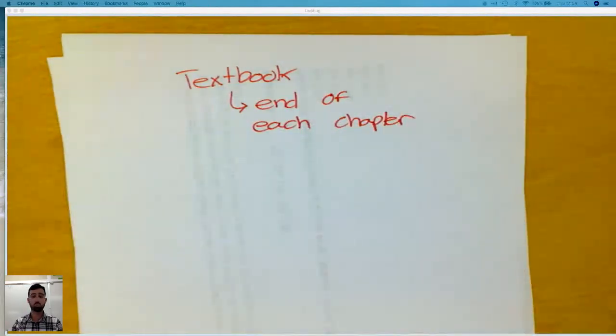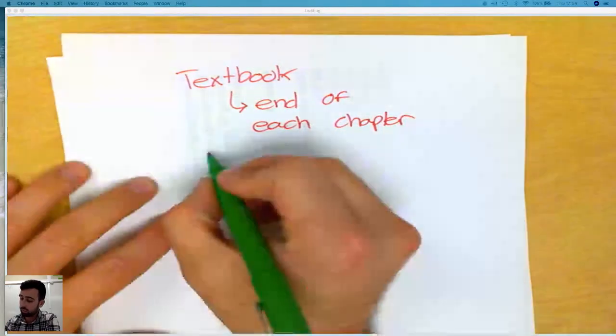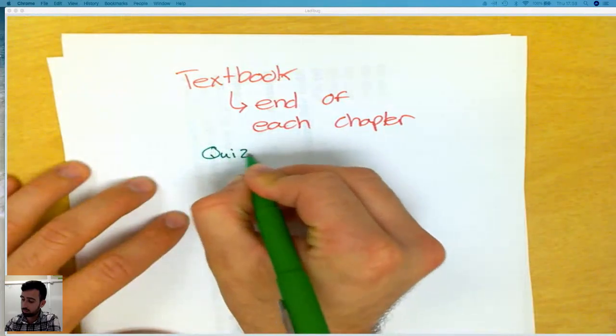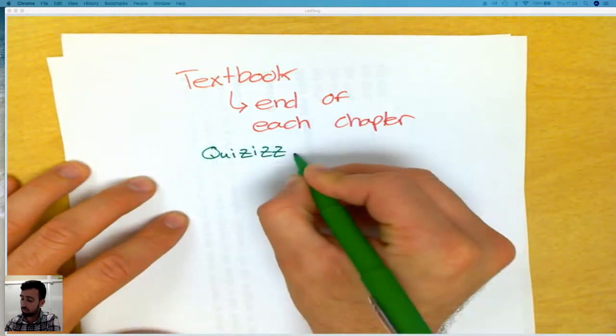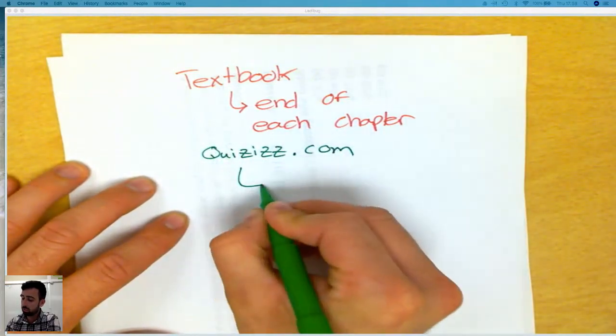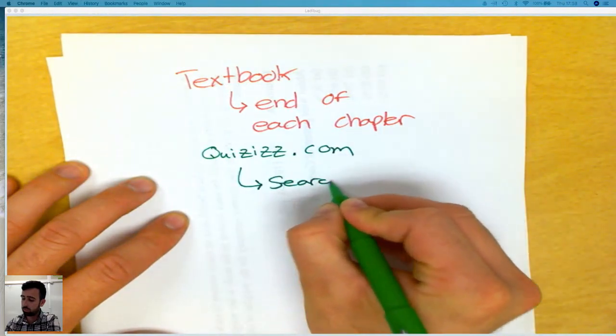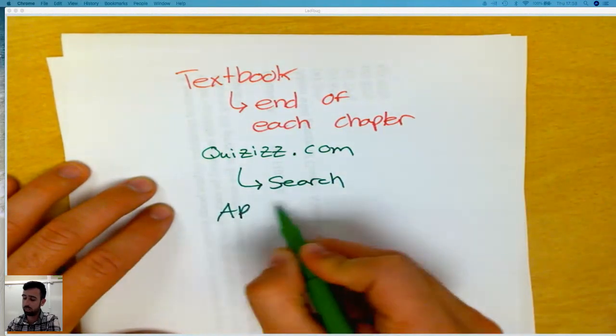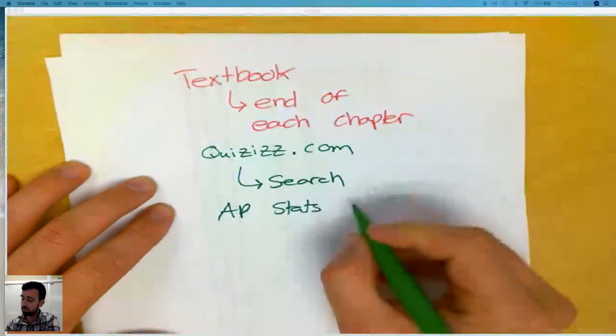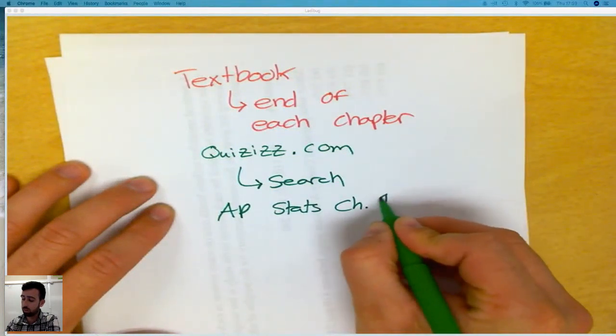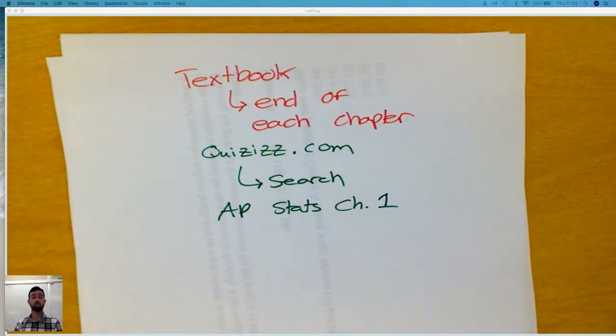Actually, if you go to this website, it's called quizzes.com, and search for a quiz. And if you type like AP Stats Chapter 1, you should get some more free response questions.